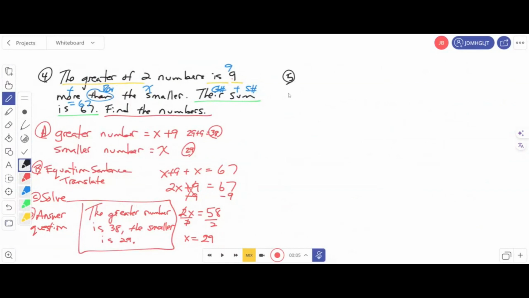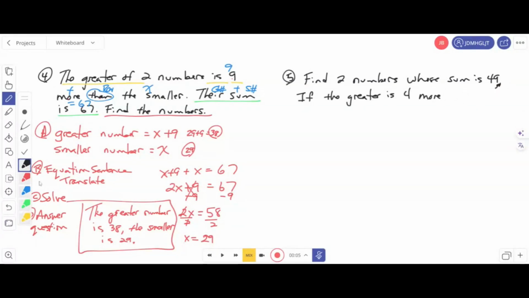Look at number 5. Number 5 says find two numbers whose sum is 49, if the greater is 4 more than 8 times the smaller.